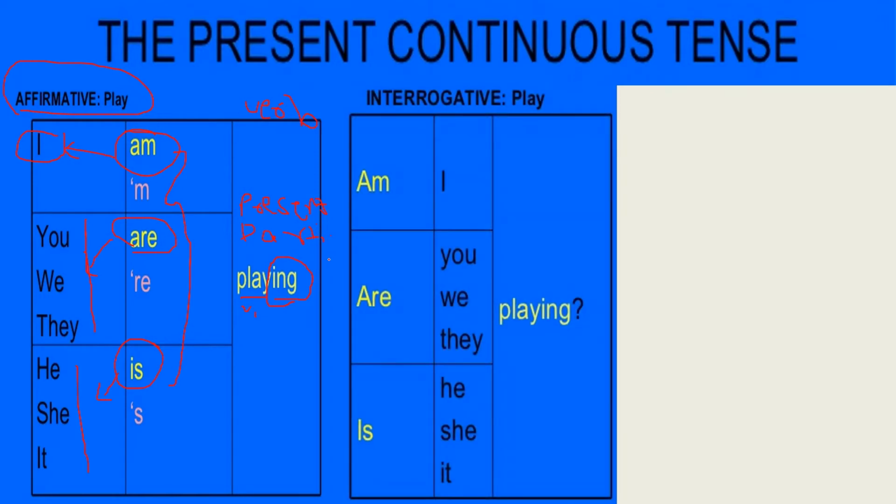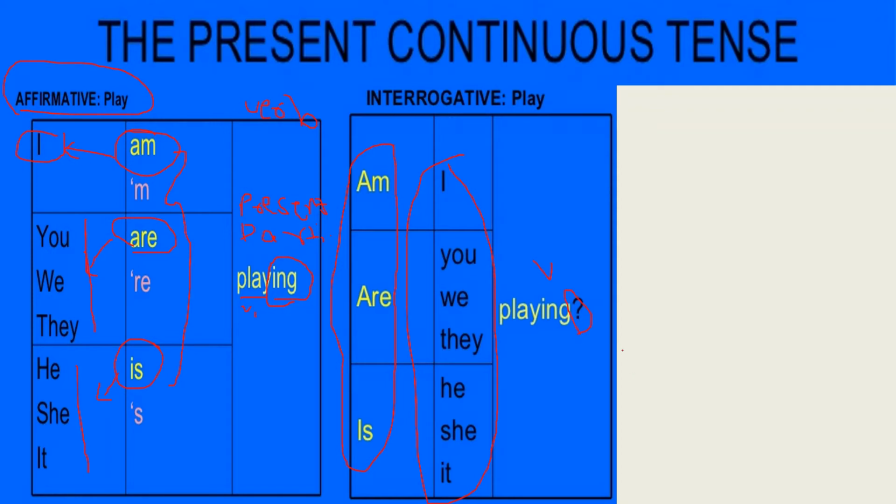Interrogative sentence. How do we make an interrogative sentence in the present continuous tense? If we are using the auxiliary verbs is, am, are, how can we make the sentences? First of all, we need to use the auxiliary verb am, is, or are, and then we put the pronoun, which is the subject, and then the verb, and at last a question mark.